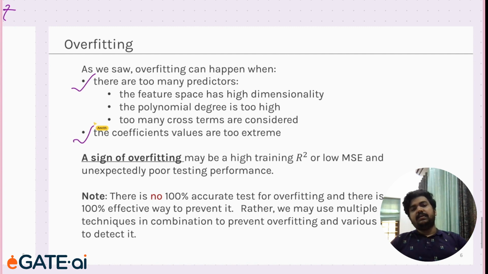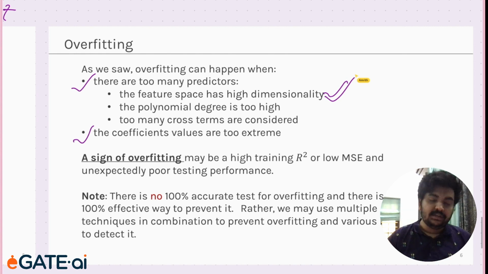So the feature space becomes high dimensional. Second, we are making the model complex by having a high polynomial degree. If the polynomial degree becomes high, there is too much degree of freedom for a system to learn different possible functions, and that makes it complex.